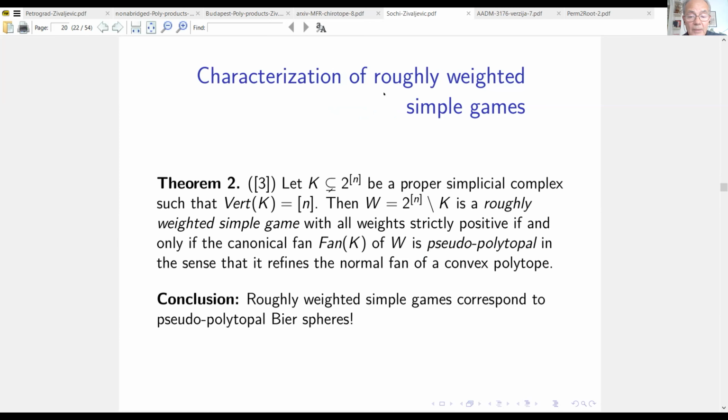And here it turns out by theorem 2 that the class of roughly weighted games is characterized by the property of the fan that it is pseudo-polytopal, that it refines the normal fan of a convex polytope. So roughly weighted games are also precisely matched with the corresponding concept of Bier spheres.